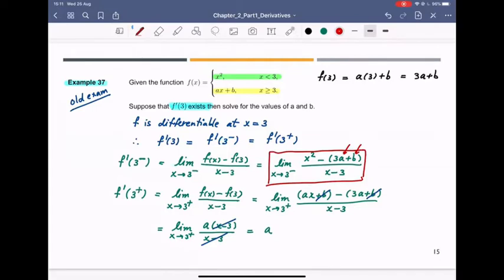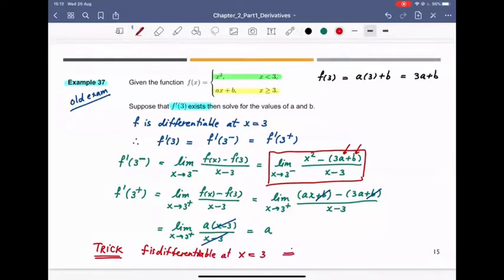So the trick for this question is that this is not enough to solve this problem. Well, this is a trick, because we know that f is differentiable at x equal to 3.